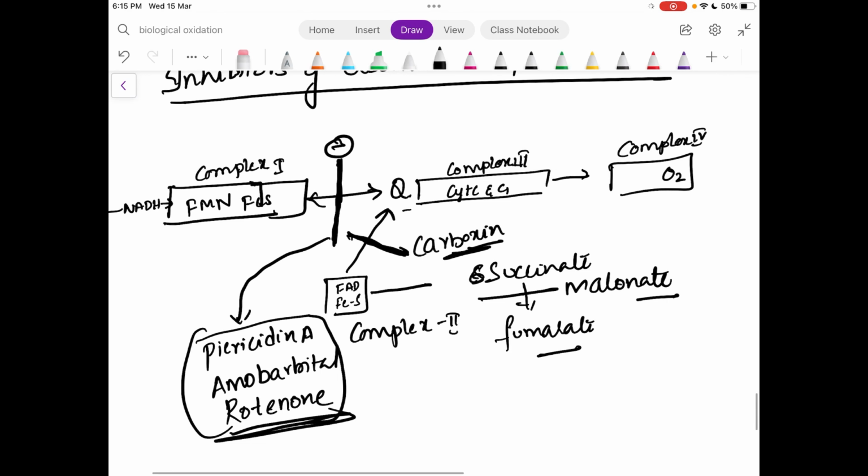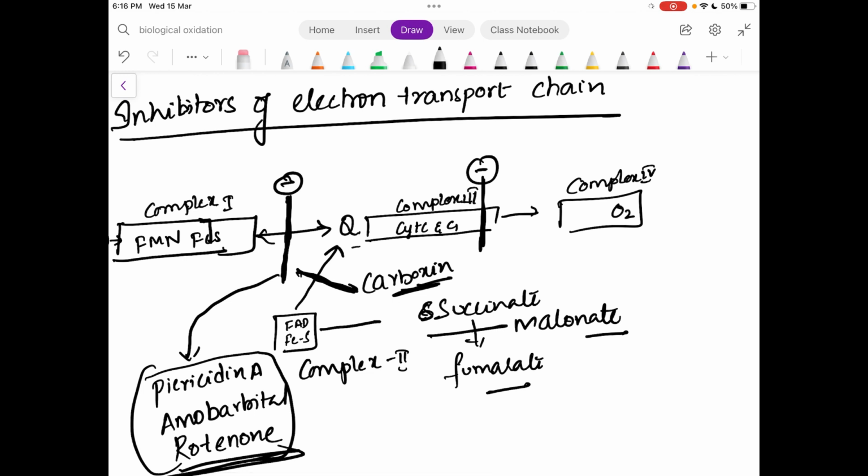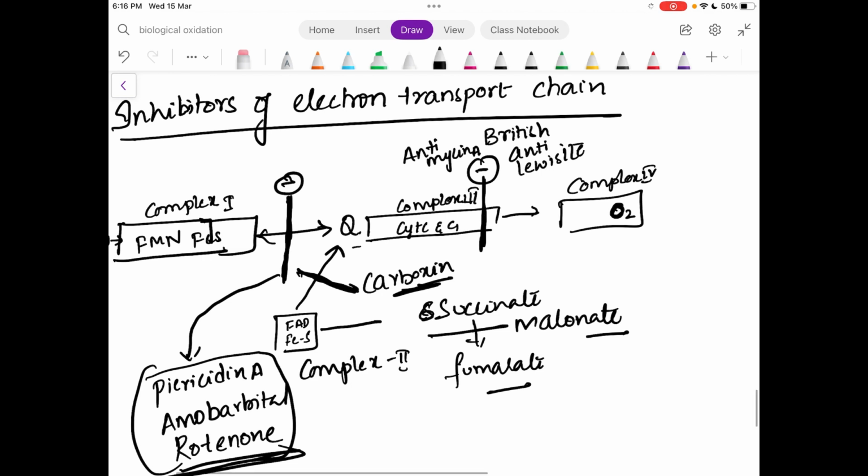Next, complex 3 is directly inhibited by compounds such as British anti-lewisite and antimycin A. And complex 4 contains oxygen. Those compounds which can avidly bind with oxygen can inhibit complex 4.